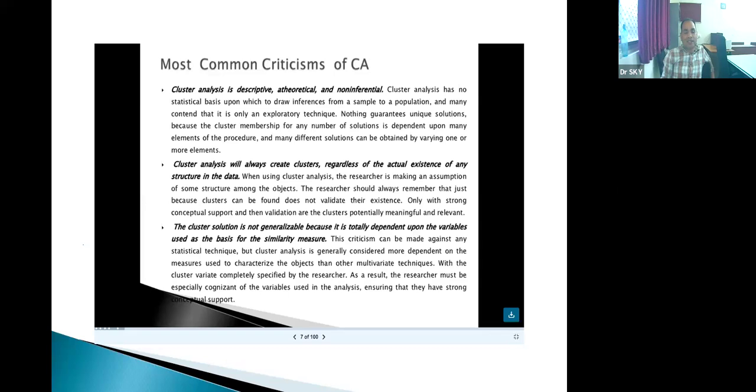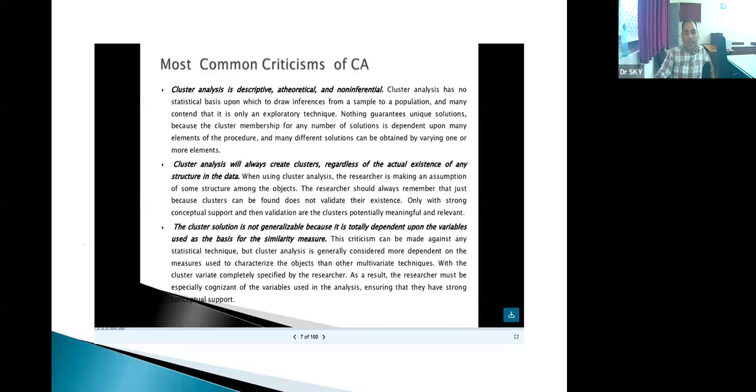So that is why it faces some criticism. The cluster solution is not generalizable, because sometimes some units are misclassified. Say there is a requirement of 3 clusters, but we are making 4 clusters, or 2 clusters. So how can we generalize the result?